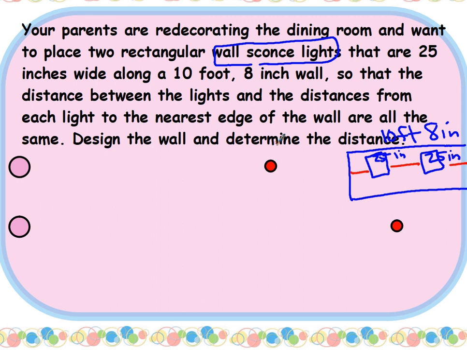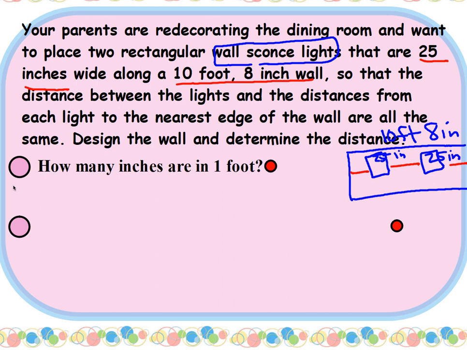Okay. Now we have a problem here. What is the problem? Looking at our information right there and right there, what is the problem? We need to know how many inches are in a foot, because we have inches and feet, and that's not the same. Well, how many inches are in a foot? Good, 12 inches is 1 foot. That's a good sign that we know that.